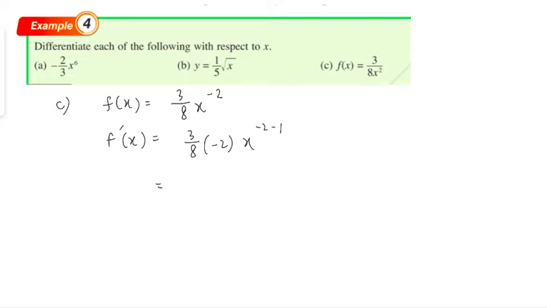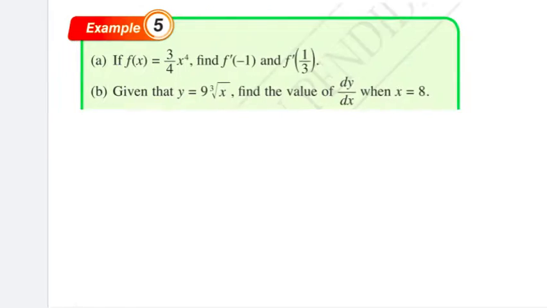Now simplify, or you can use your calculator. So 3 over 4, x^(negative 2 minus 1), negative 3. Now the negative power, I go down. So the answer is negative 3 over 4x^3.